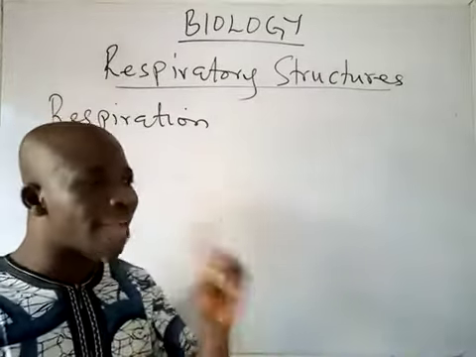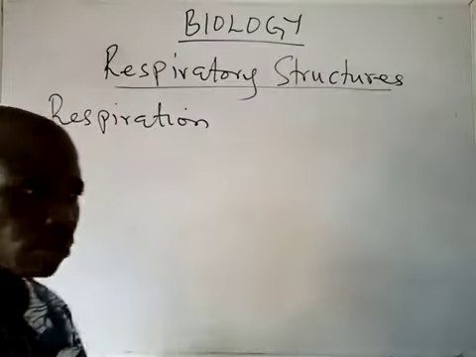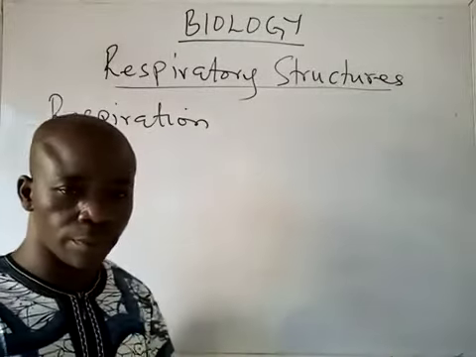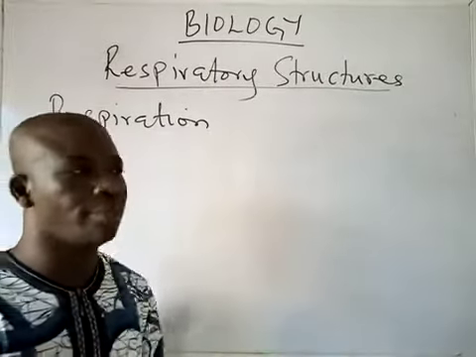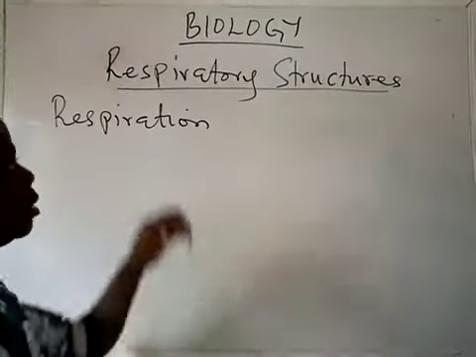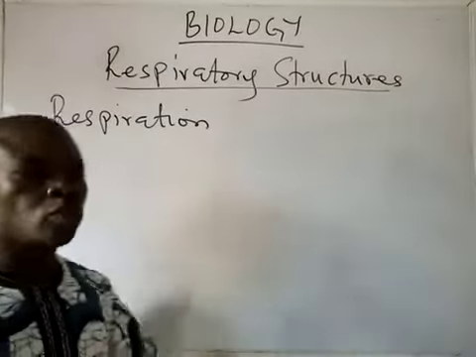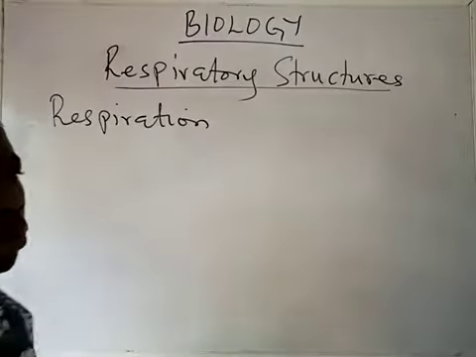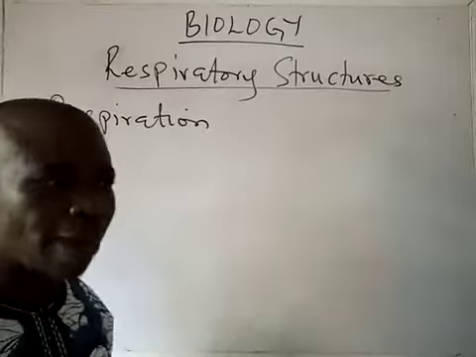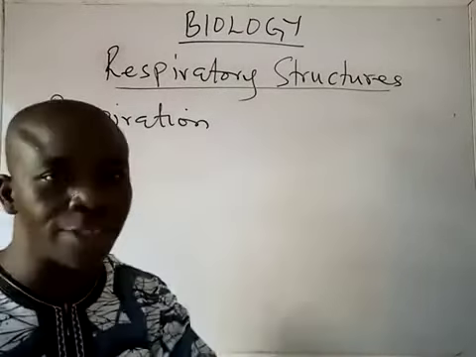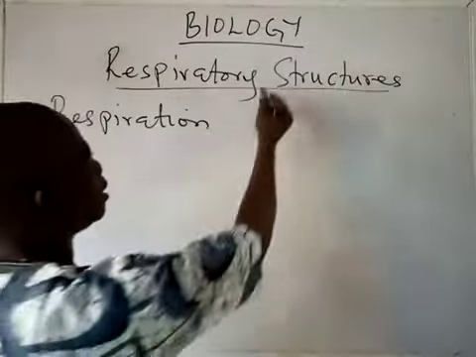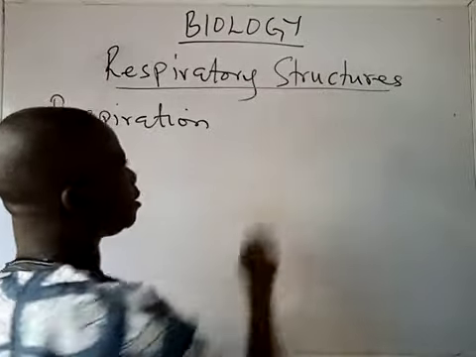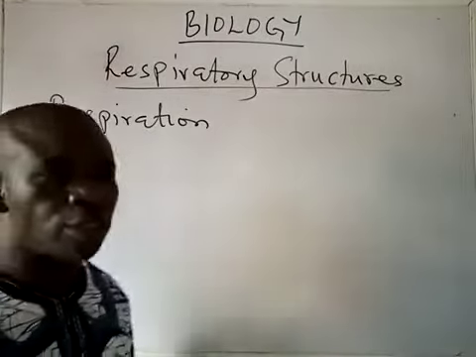Now, in the type of respiration that involves oxygen, the oxygen in air gets into the plant or animal body through various means or various parts of the body, and that is what is leading us to this topic that is titled respiratory structures.